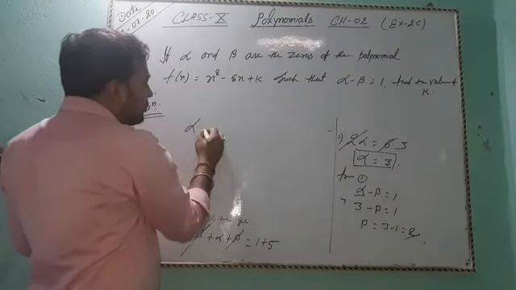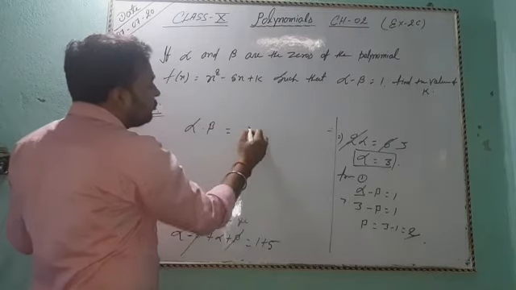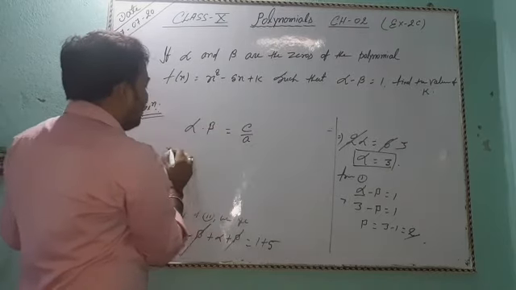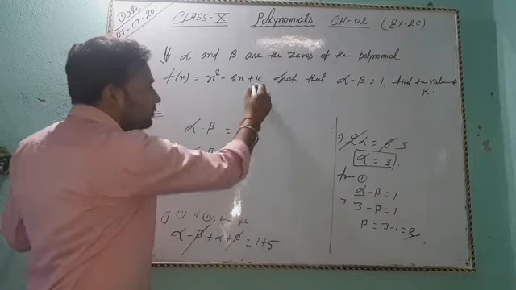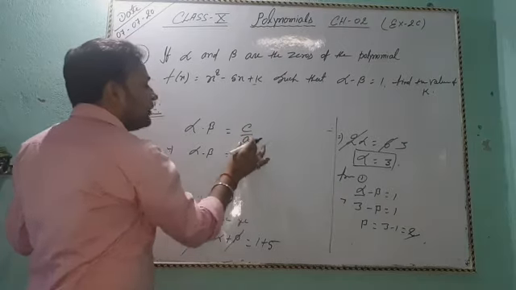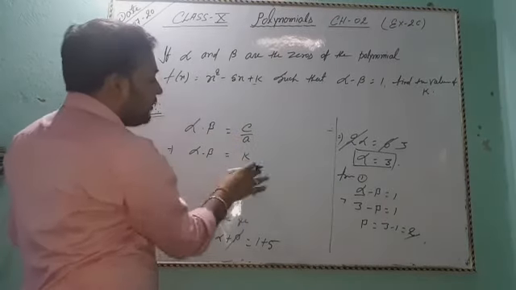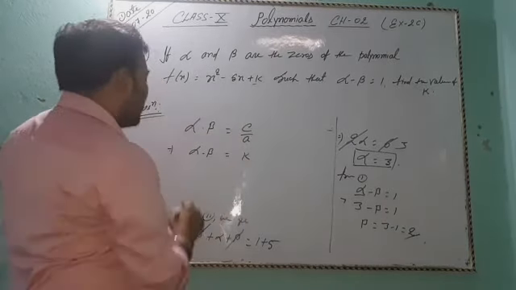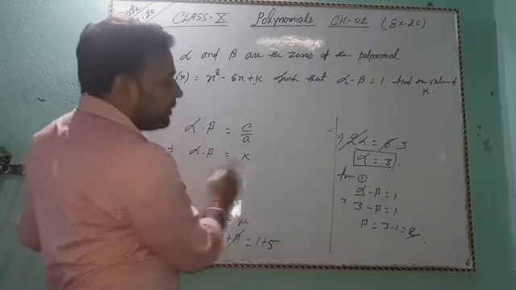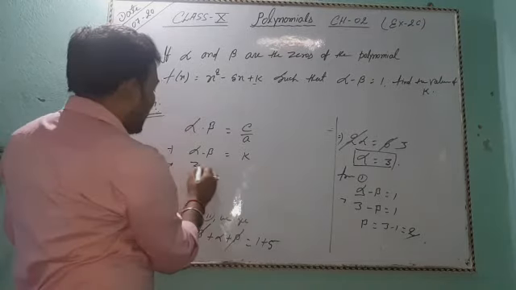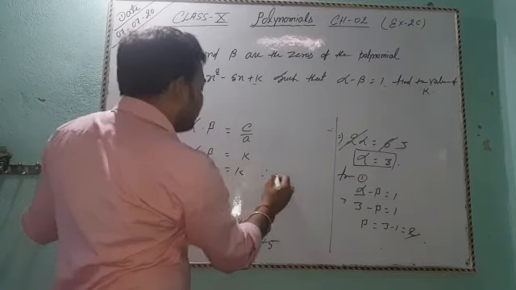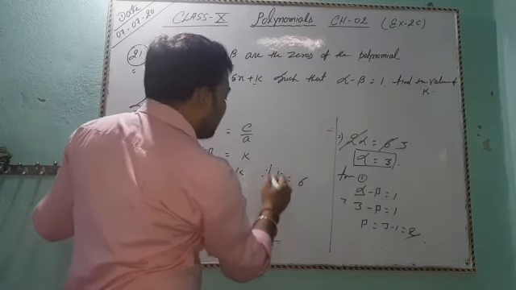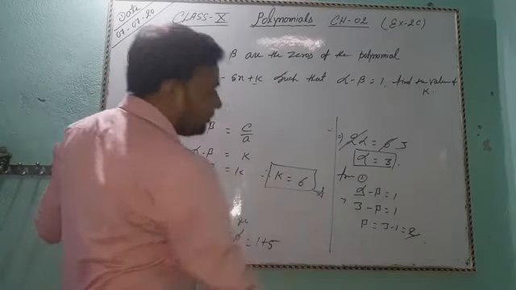So product of the zeros, alpha into beta equal to c by a. So alpha into beta, c is the constant term k, and a is the coefficient of x square, this is divided by 1. So the value of alpha equal to 3, and multiply beta equal to 2, equal to k. So k equal to 6.